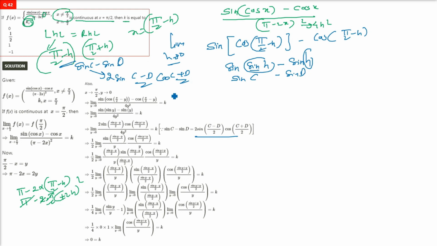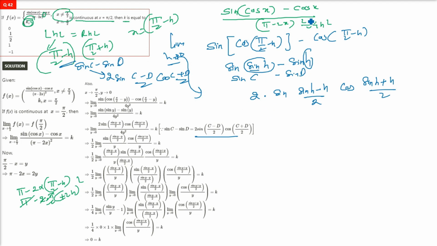This is what we are going to use here. So this is going to be 2 sin((sin h minus h) by 2) and then cos((sin h plus h) by 2). Limit h tends to 0 you have to write everywhere.